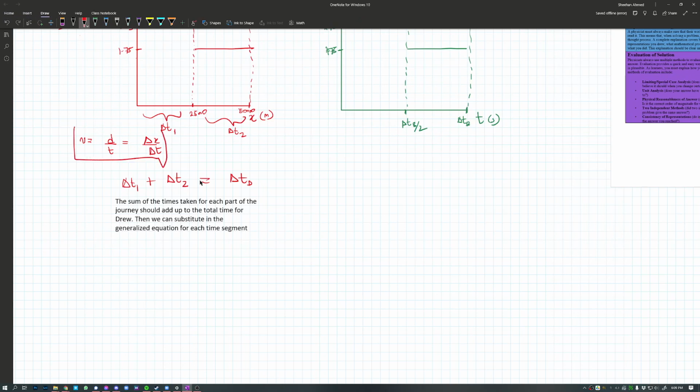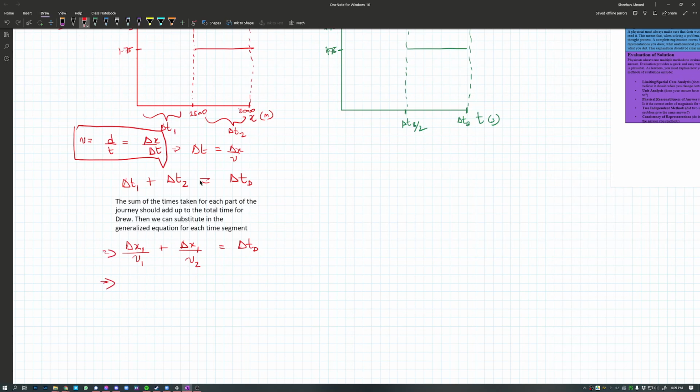This is my generalized equation, which tells me delta t can be written as delta x over the velocity. So delta t1 should be delta x1 divided by that v1. Delta t2 is, again, delta x1 because it's the same distance, this time divided by v2. And all of that will add up to delta tD.